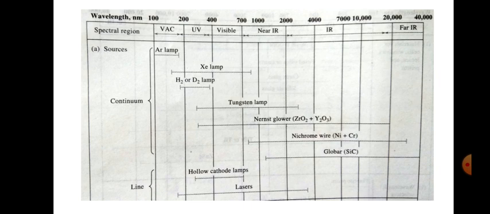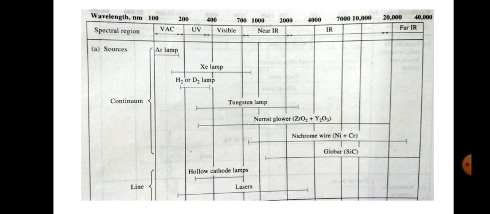Then the second type is the hollow cathode lamp and the laser beam or laser radiation, and this tabular form also indicates in which region they emit the radiation. For example, if I consider the hydrogen or deuterium lamp, you can see it covers almost all of the UV region, from near 400 to 200, it emits all kinds of UV radiation and to some extent in the vacuum UV region.